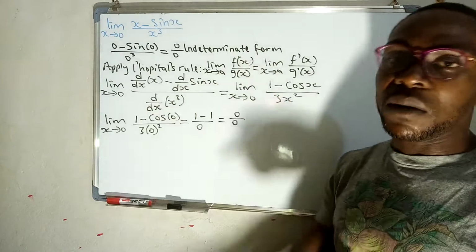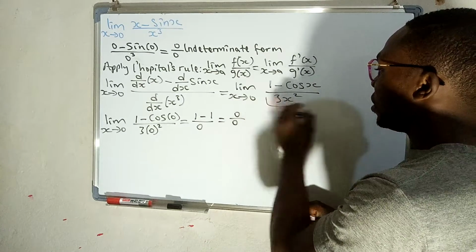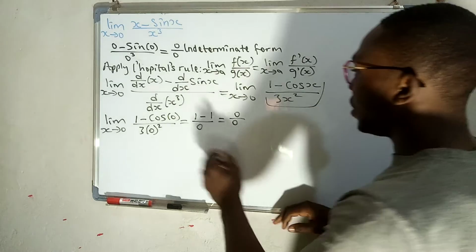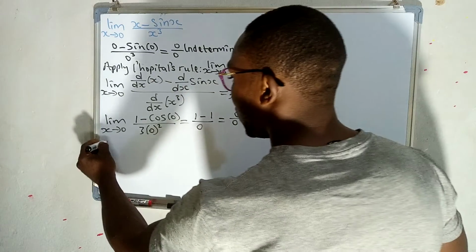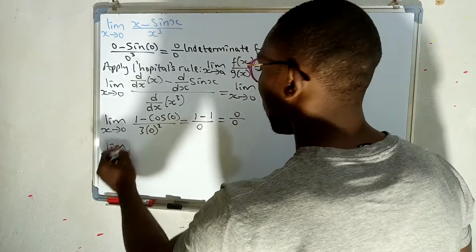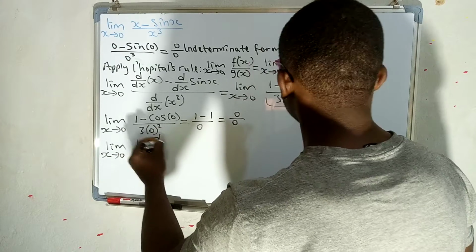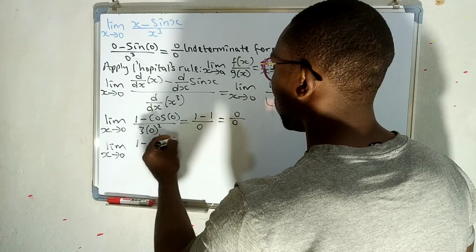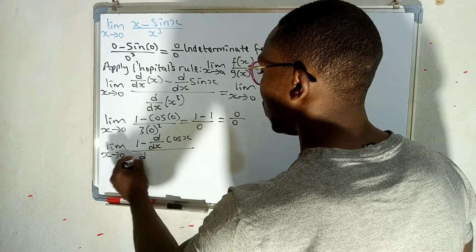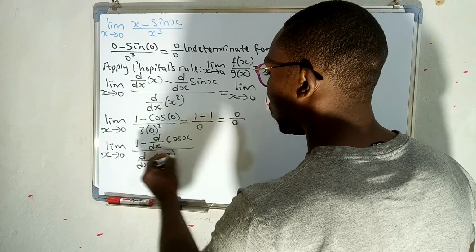So we apply L'Hopital's rule once again, finding the derivative of this. Now we'll have the limit as x approaches 0 of d over dx of (1 minus cos x) all over d over dx of 3x to the power of 2.